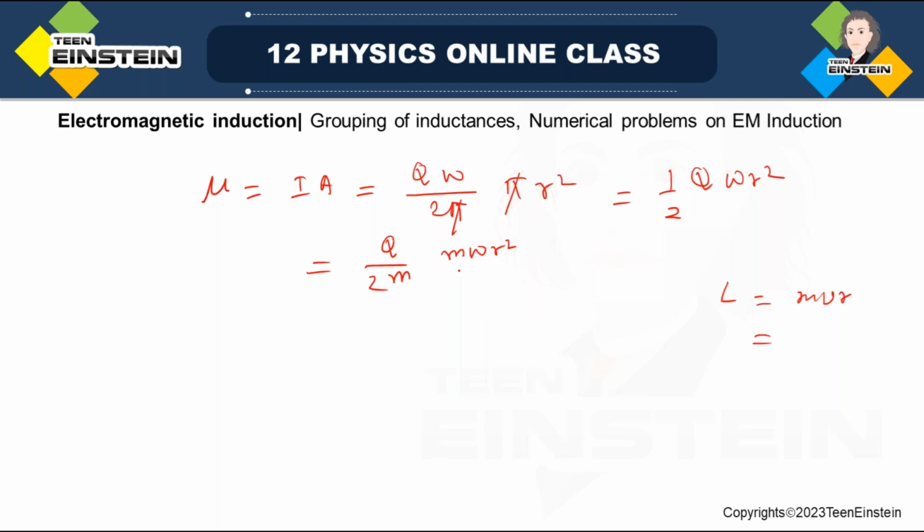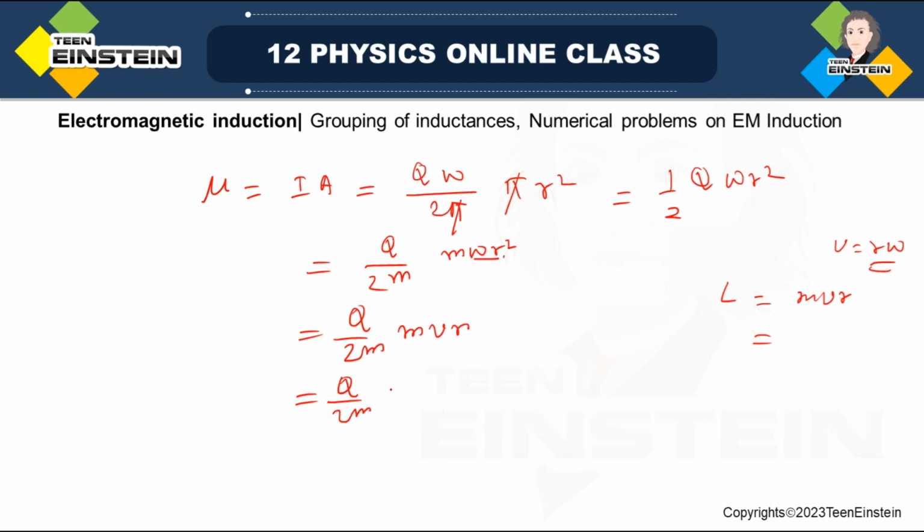So this will be q by 2m, m, r, and omega gives v, so from this one r I'll take, that gives v, and this r, mvr.